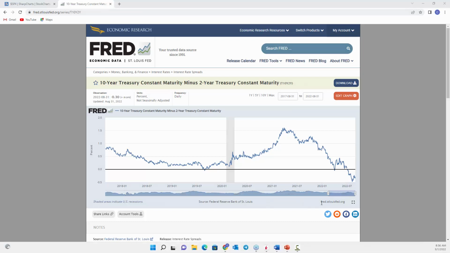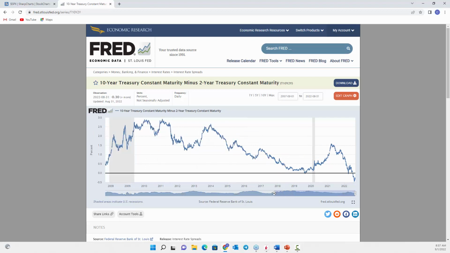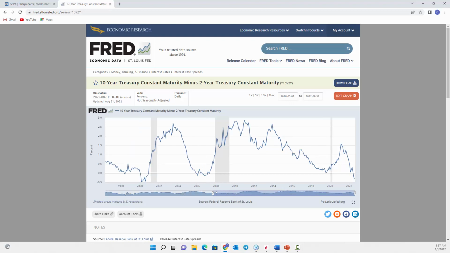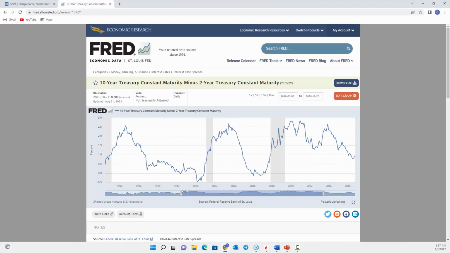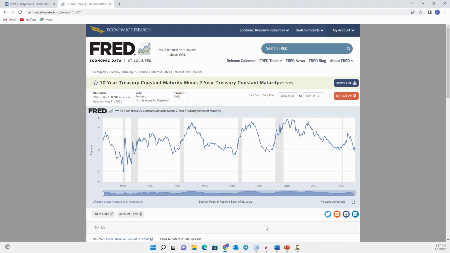You can take this chart back and you can look at it through history. You can say, okay, well, there's 2020, but let's go back further. There were no recessions in 1918, but we know there was one in 2008. We know there was one in 2000. And so on. Heck, let's go back as far as this chart goes. Why not? Okay, check this out.